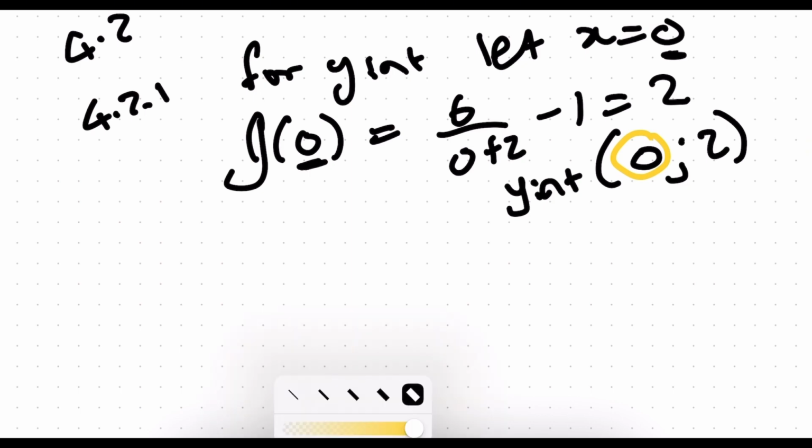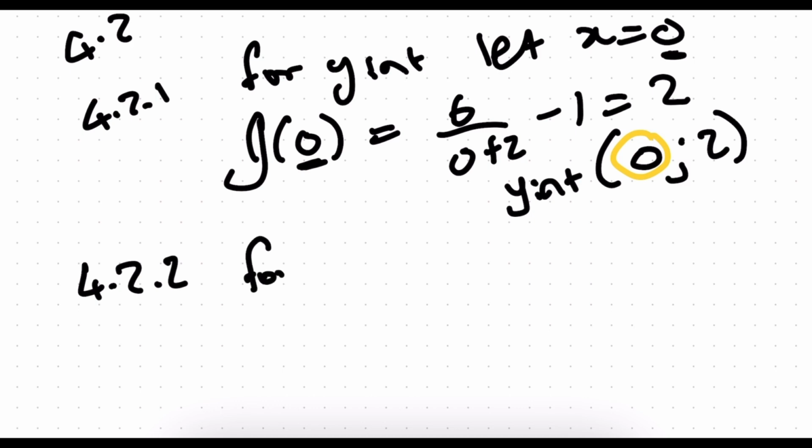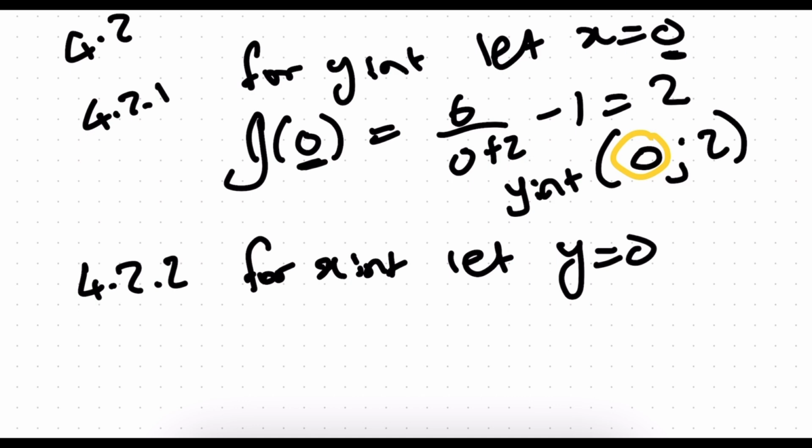Okay, so they're saying now, to determine the x-intercept, what do you do? 4.2.2 for the x-intercept, you let y be equal to 0. But you know that your g of x is another way of writing y, so g of x equals 0.